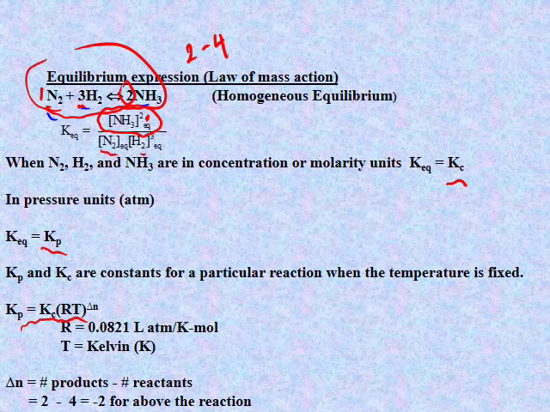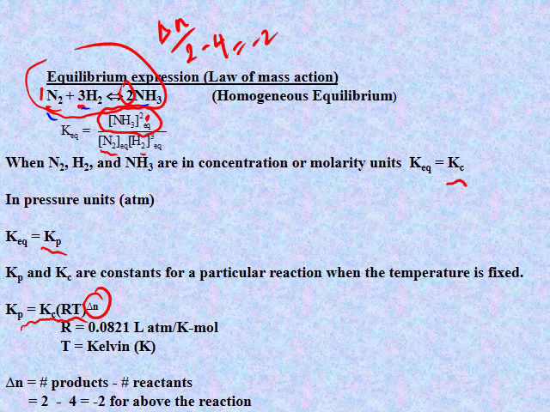So delta n is going to be minus 2. And that's what we need to use in this expression. From reaction to reaction, this may change. The R value is a constant, 0.0821 liter atmosphere per kelvin per mole, and temperature has to be in kelvin.